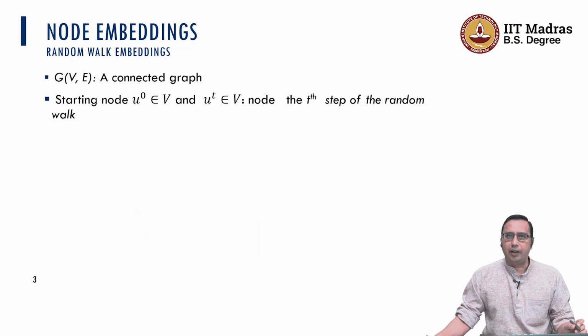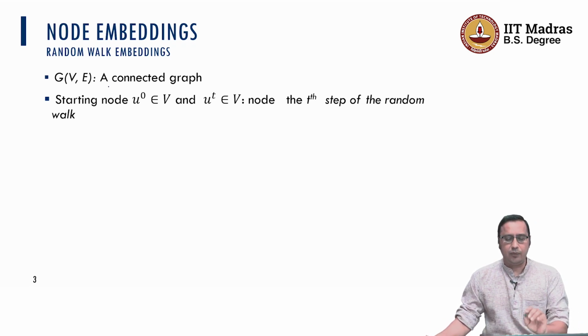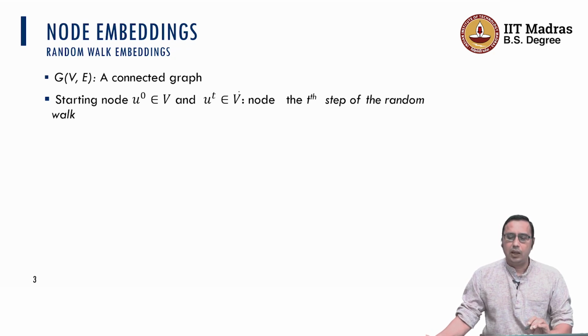So we'll start with a graph G with V as the node set and E as the edge set, and we are assuming that it is a connected graph. Starting node u0 belongs to V, and we walk on this graph and we are at ut, which belongs to V. Now we have to determine what should be the t plus 1th node in the random walk.